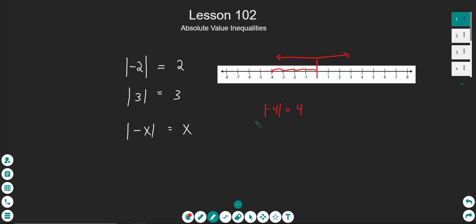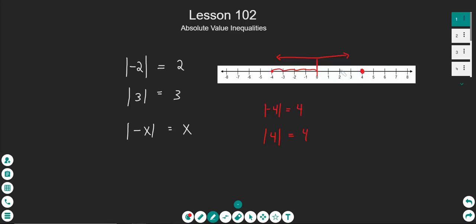And if I were to take the absolute value of a positive 4, that puts me out here. Again, I'm not just saying, oh, well, it's positive 4. I'm making it a little bit more rigid here. What is the 4?